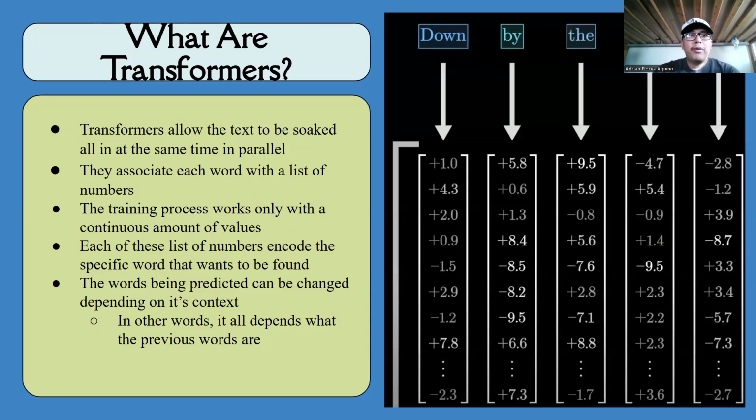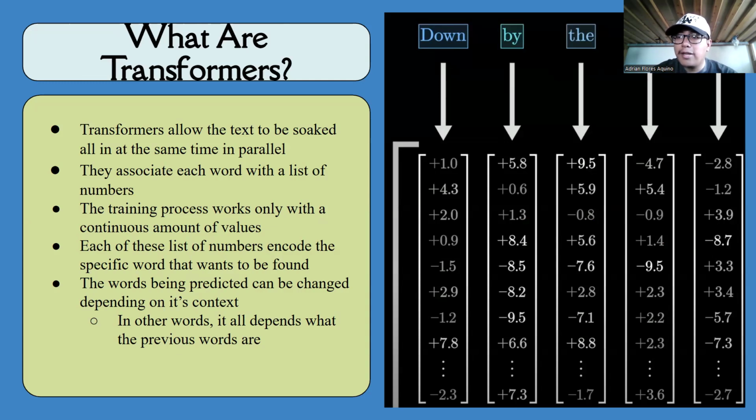And there's one thing to remember: what are transformers? You could think of it as every word in the sentence being given a list of integers, which signifies what word is going to be guessed depending on what it has, right? So as you can see, "down" has this list of integers, "Bri" has this list of integers, and depending on what it is, it'll guess the word. But the words may change depending on the context of the sentence.